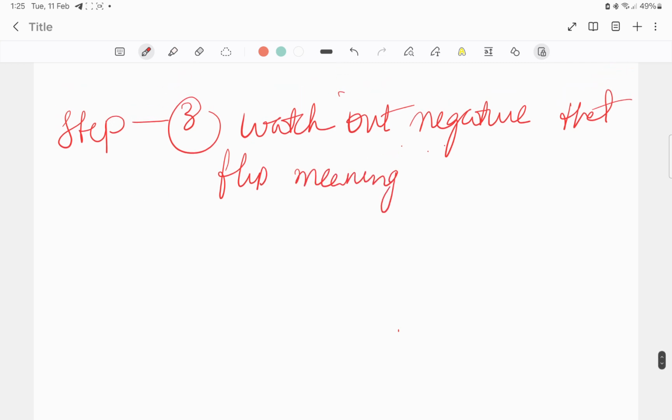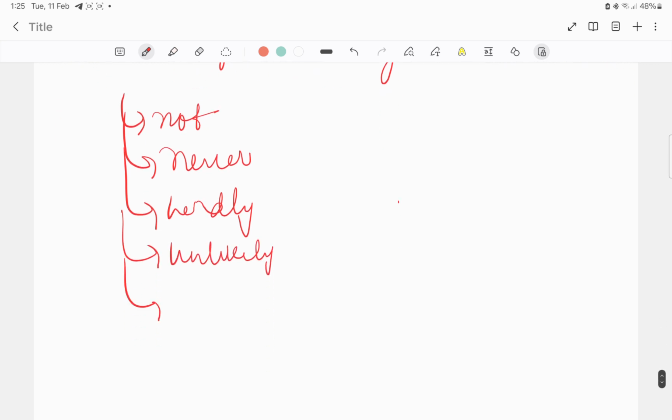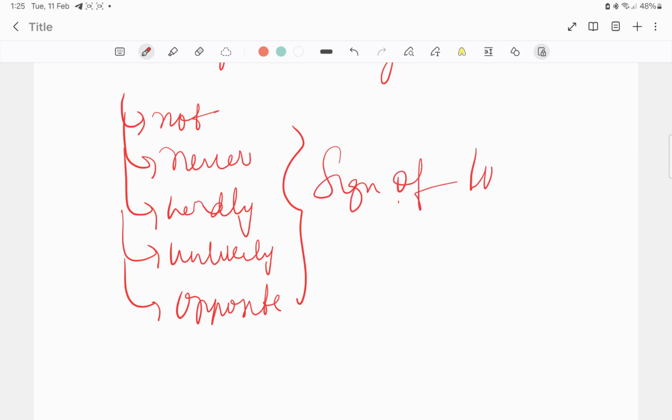Like not, second is never, third is hardly, fourth is unlikely, fifth is opposite. These are the signs of contradiction traps.